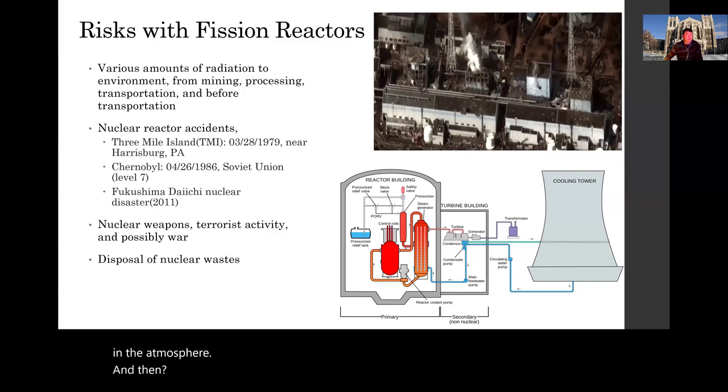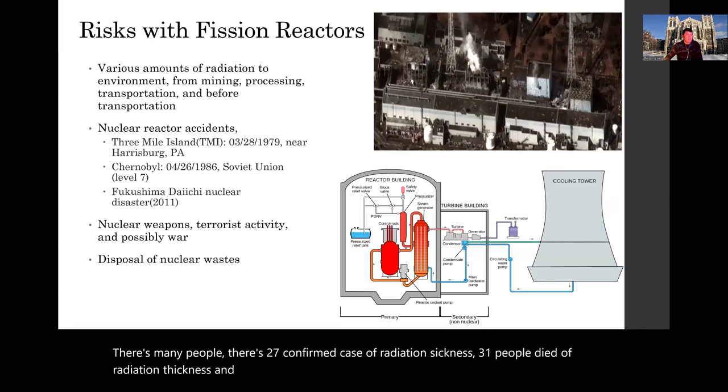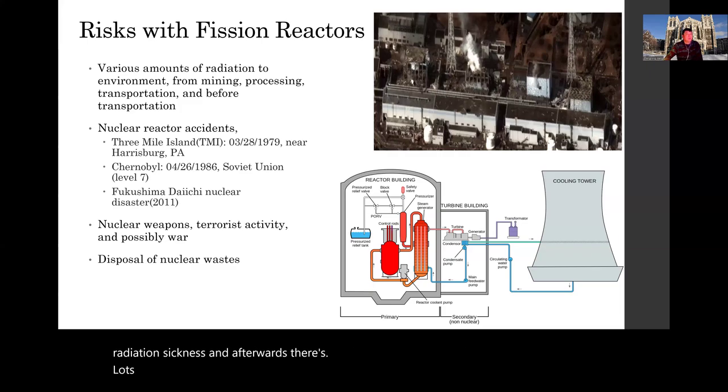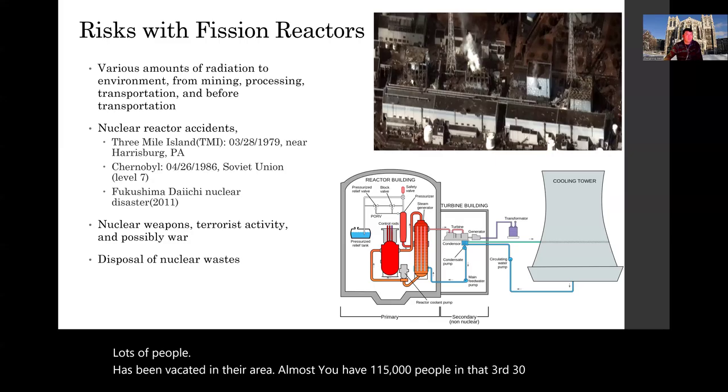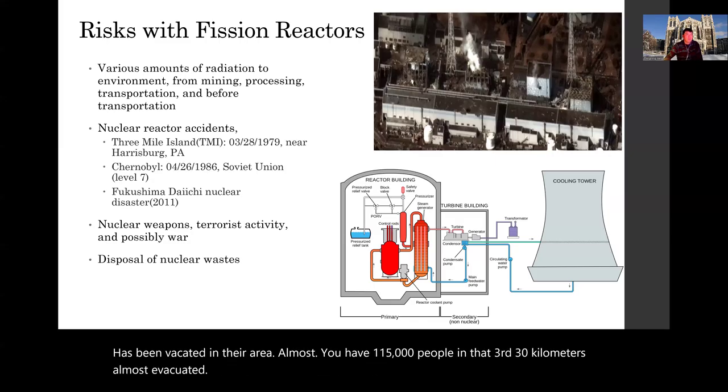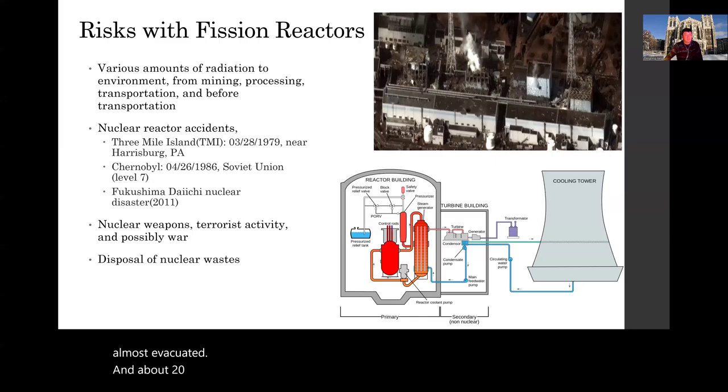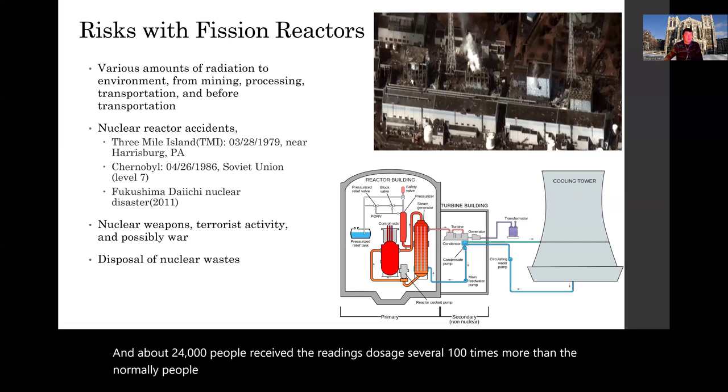There were 27 confirmed cases of radiation sickness, and 31 people died of radiation sickness. Afterwards, many people were evacuated. Almost 115,000 people in the 30 kilometer zone were evacuated, and about 24,000 people received radiation doses several hundred times more than people normally experience. There were also cancers.